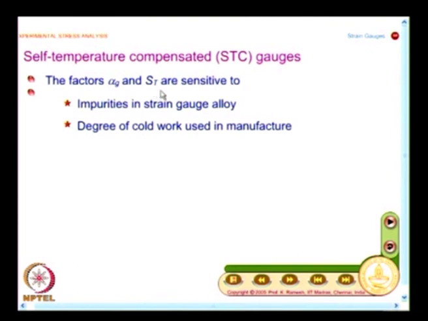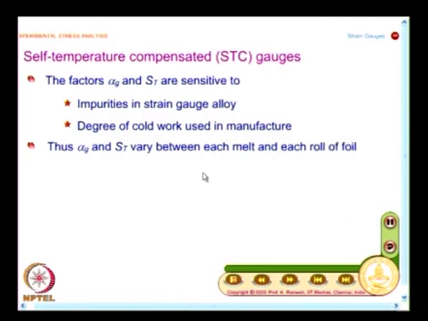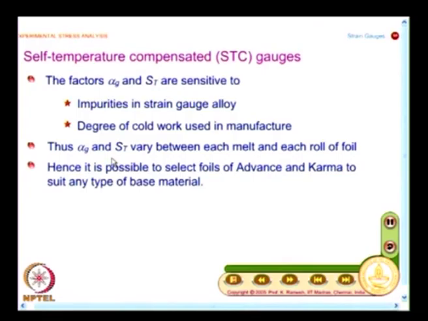Another aspect is, while making a strain gauge foil, you also do cold work, and the degree of cold work used in manufacture matters. So in essence, the values of alpha g and St vary between each melt and each roll of foil.